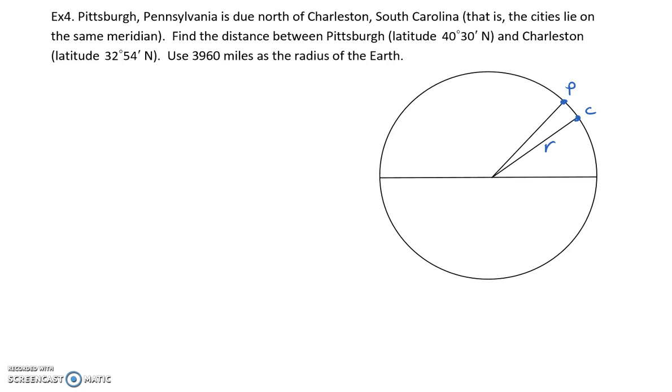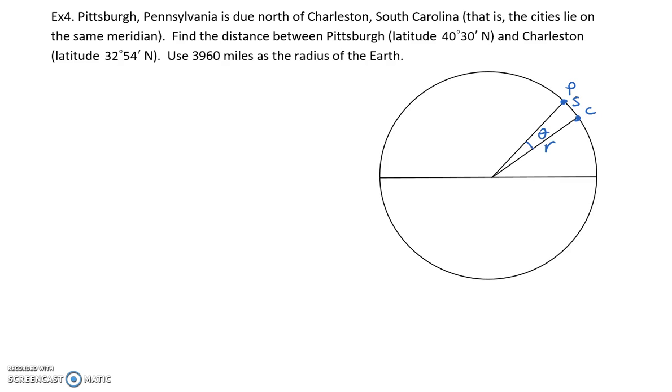The distance between Pittsburgh and Charleston along the surface of the Earth is the arc length s that we'd like to determine between those 2 points. And what we also need is this central angle theta.